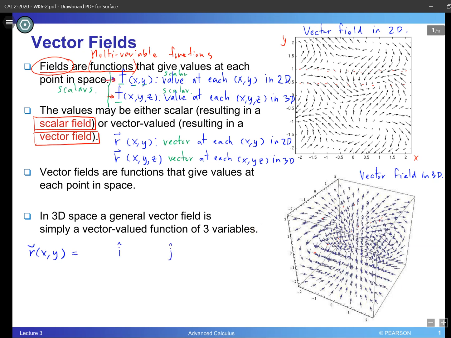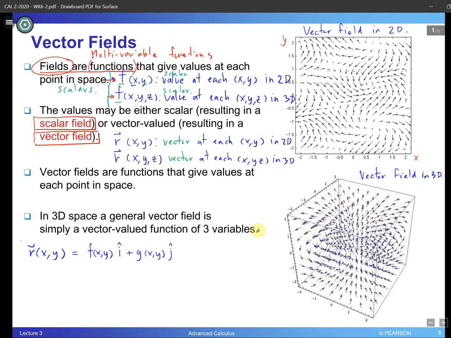Each component has to be different at each point, and it's assigned based on the location. The i component's value is going to depend on x and y, and we use a function f of x and y to explain this i component. For the j component, same thing, it depends on x and y, but it doesn't have to be the same as the i component, so we use g. Each component can change differently.